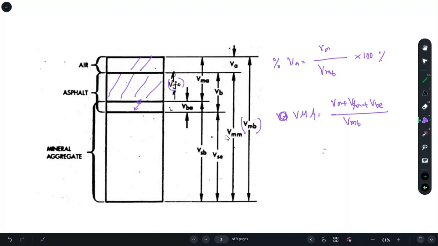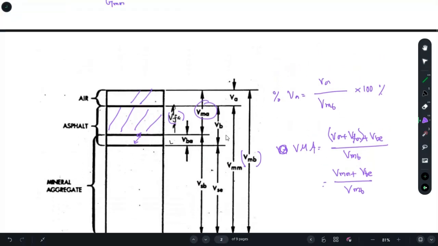So these three, VA and VFA, can be regarded as VMA, and it will be added by VBE. So this is VMA, void in mineral aggregate.